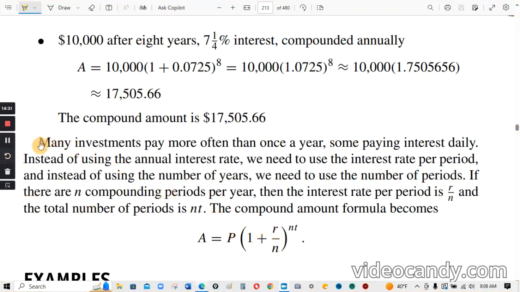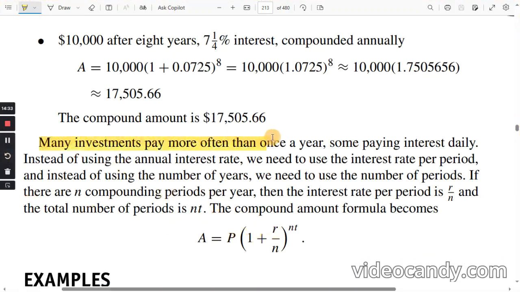But many investments pay more often than once a year. So instead of using the annual interest rate, we use the interest rate per period. If there are n compounding periods per year, the interest rate per period is R divided by n, and the total number of periods is n times t.